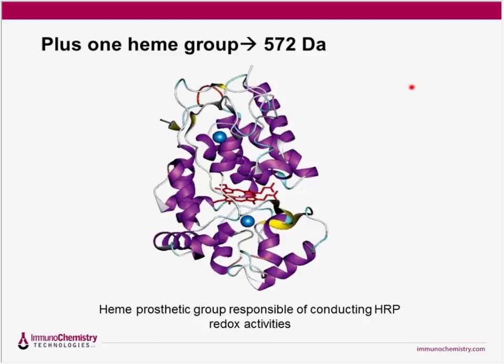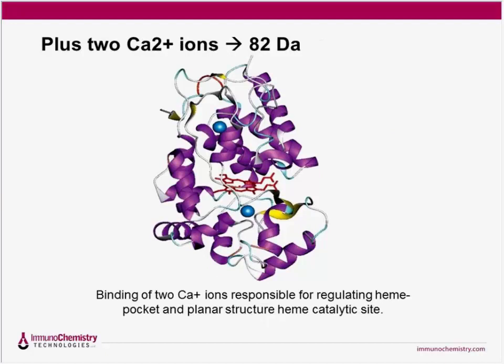Every HRP must have an active heme group associated with it, because the heme is the catalytic site of the enzyme. If you don't have a functional heme group, the enzyme can't conduct any of its redox activities. In addition to the heme, we have 2 calcium ions associated with the HRP enzyme.